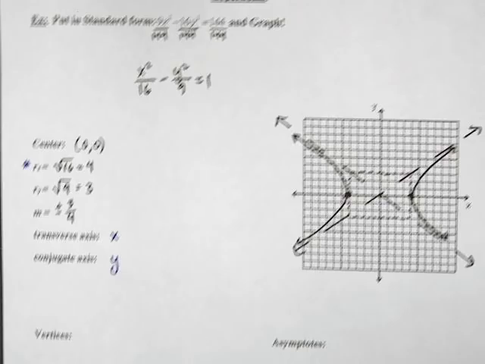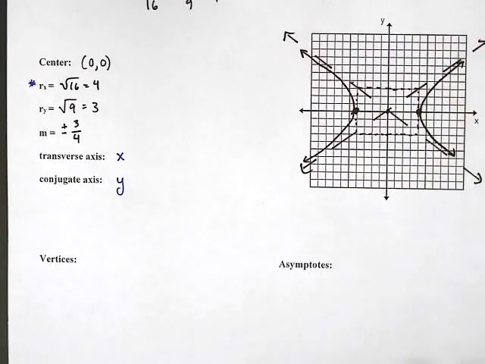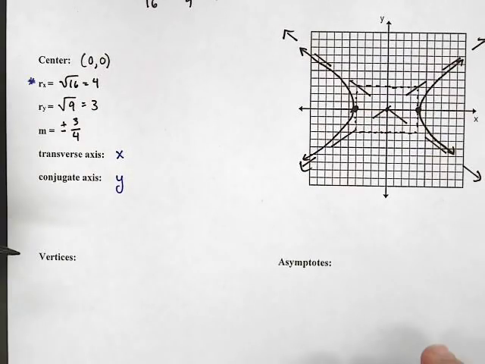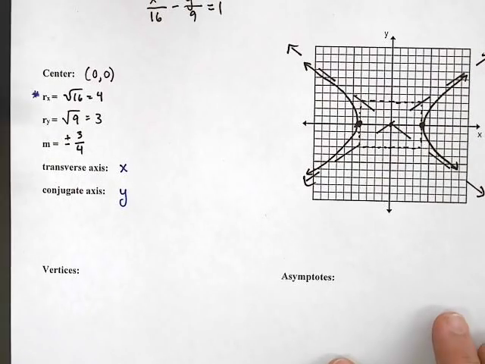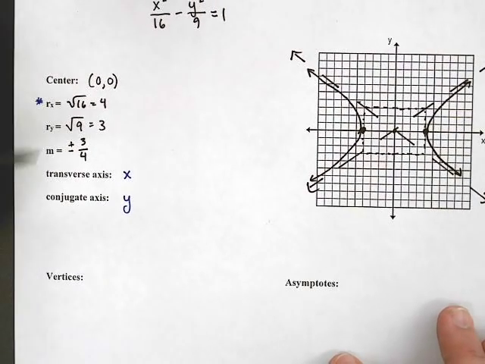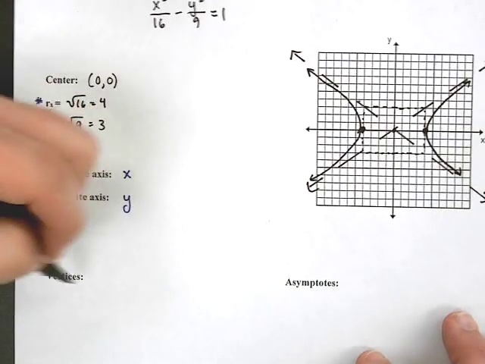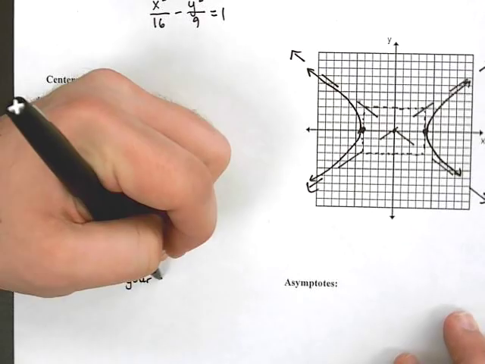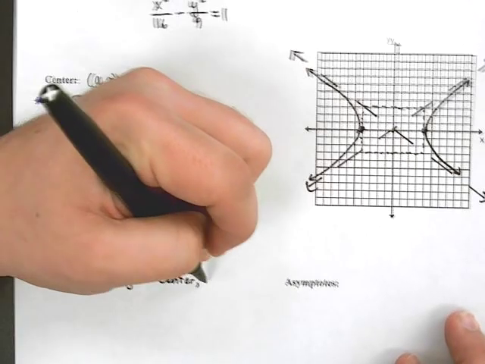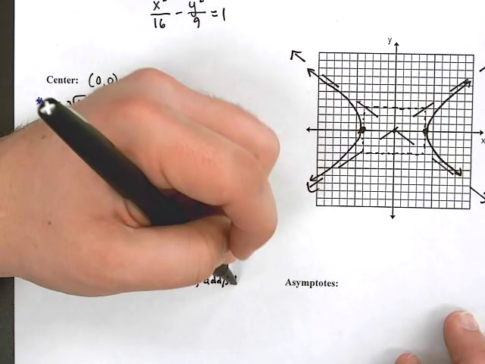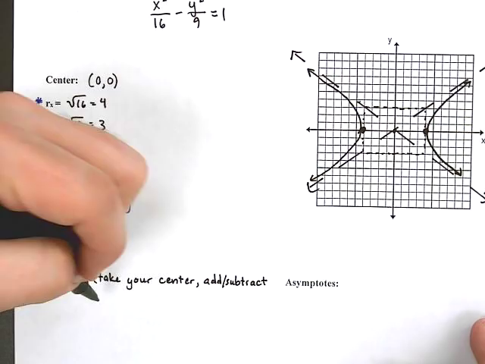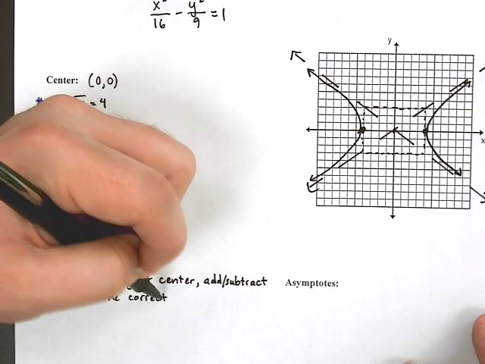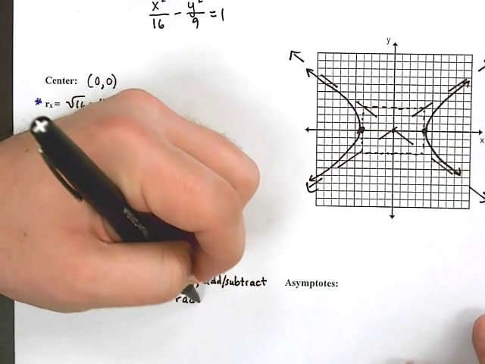All right, vertices. So for vertices, you're always going to take your center, and then add and subtract the correct radius.